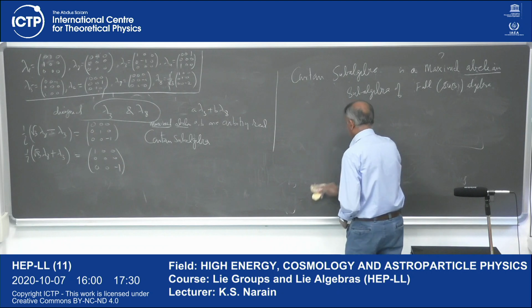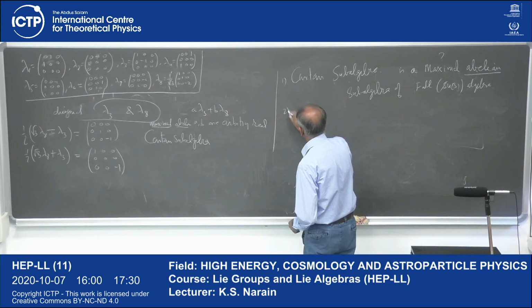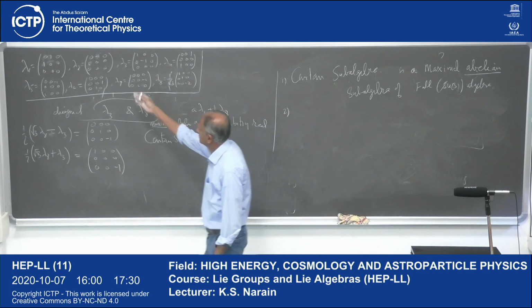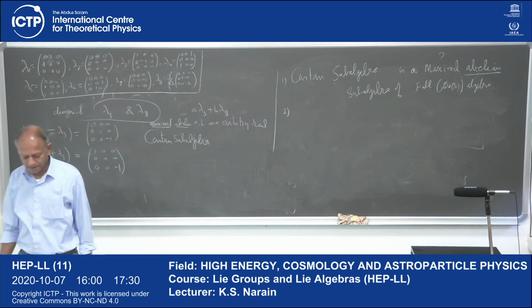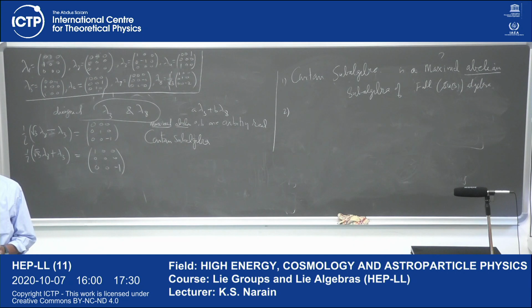Then the next step, so that was the first step, the Cartan subalgebra. The next step was to look at all the remaining objects and try to find combinations of raising and lowering operators. But to do that, of course, now I have to complexify. Remember, in SU2 we had a sigma plus and sigma minus.